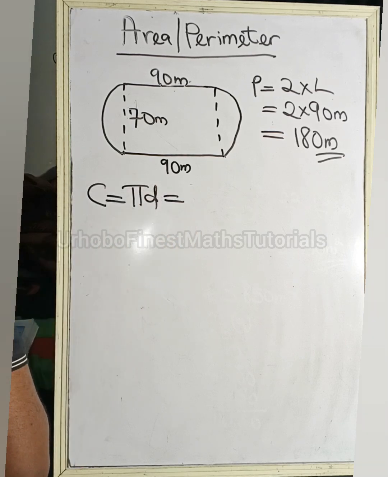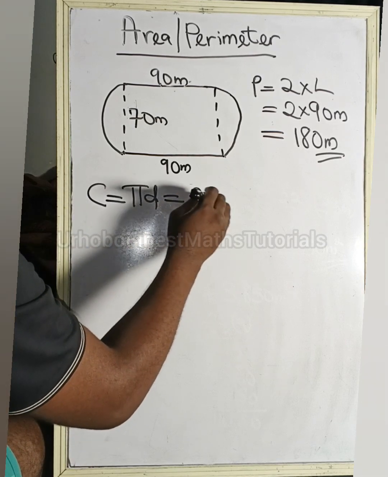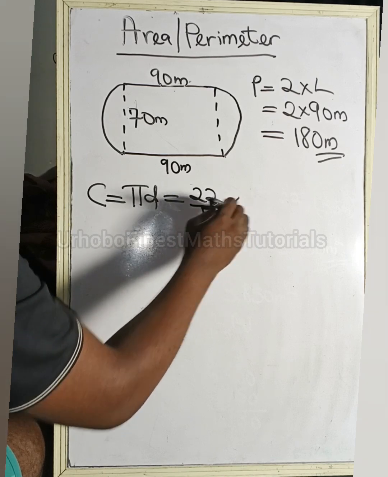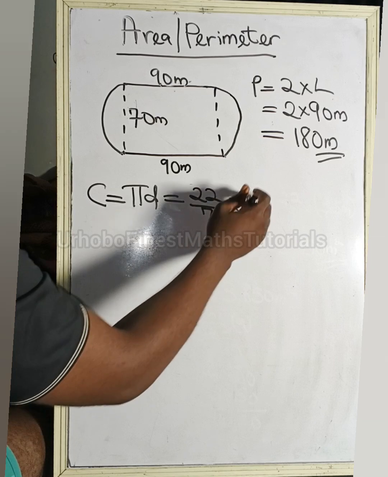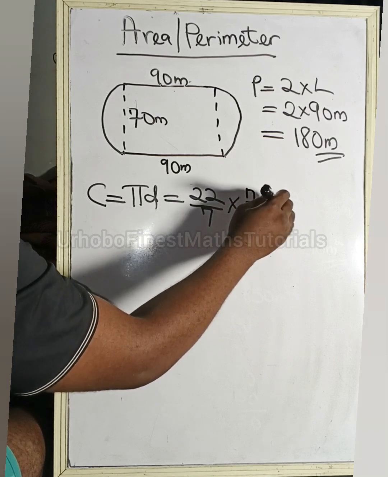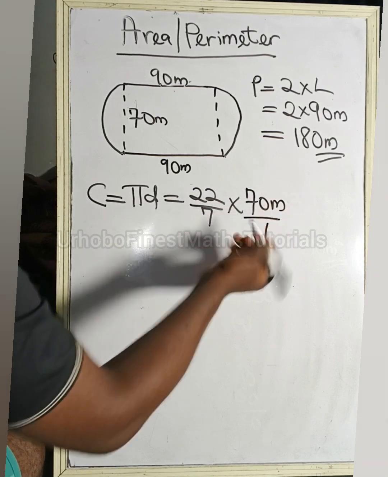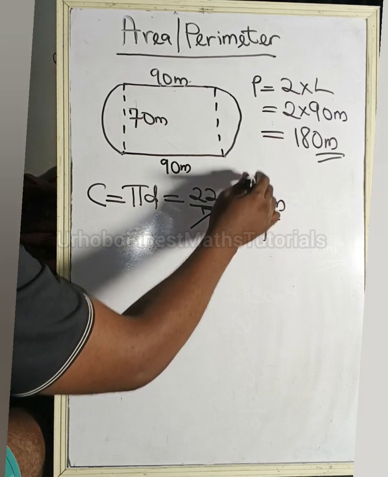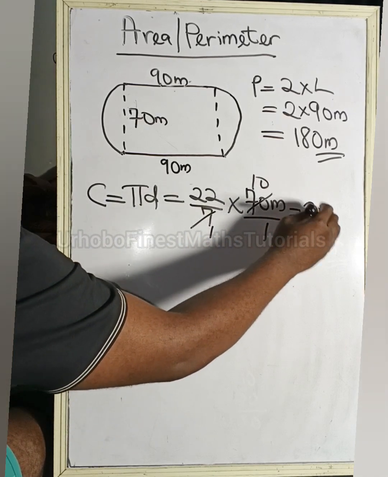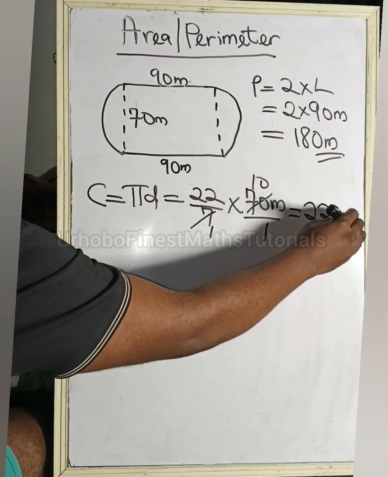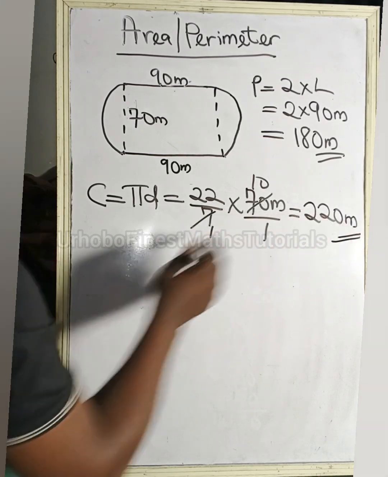So pi in the question is 22/7 times the diameter, which is this point, 70 meters. You can see over 1. So 7 here 1, 7 goes into here 10. 22 times 10 is 220 meters. Okay, so this is the circumference of the circle.